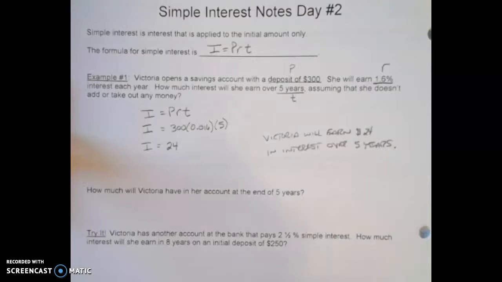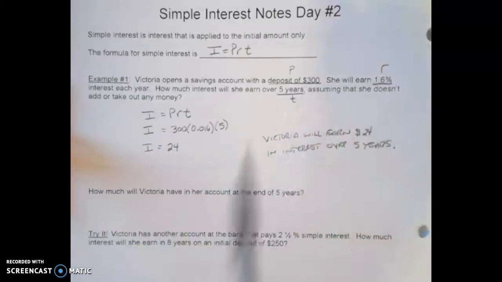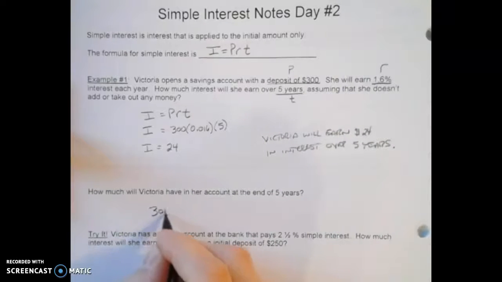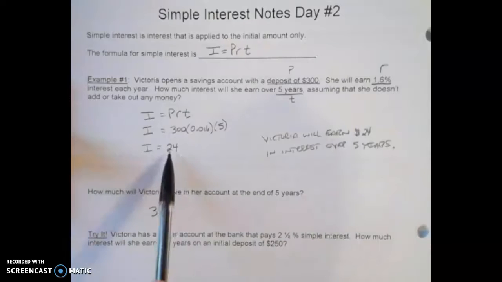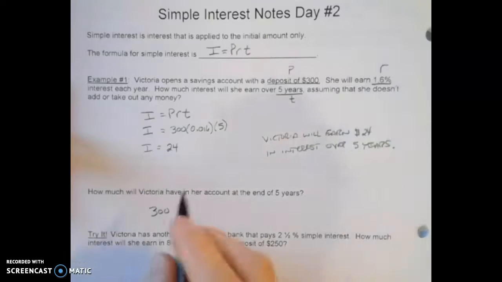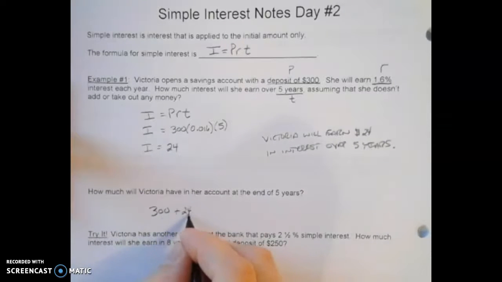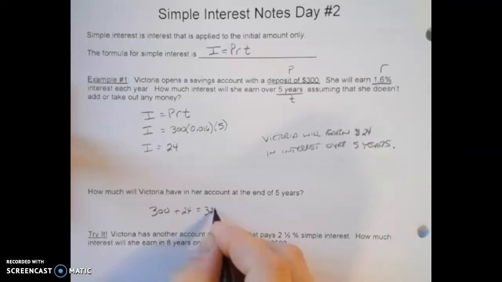Then there's a follow-up question that asks, how much will Victoria have in her account at the end of 5 years? It's important to remember that interest is the amount that you earn in addition to the principal that you started with. She started with $300, and she didn't add or take out any money, but she's earned an extra $24 in interest, so we add 24 to that, and that gives us 324.